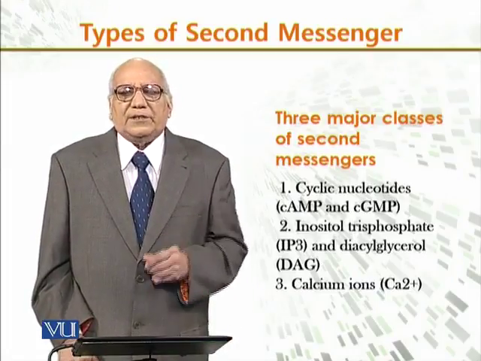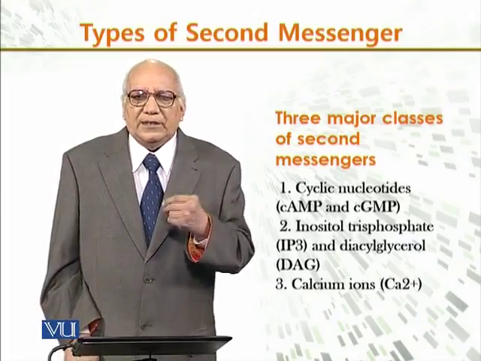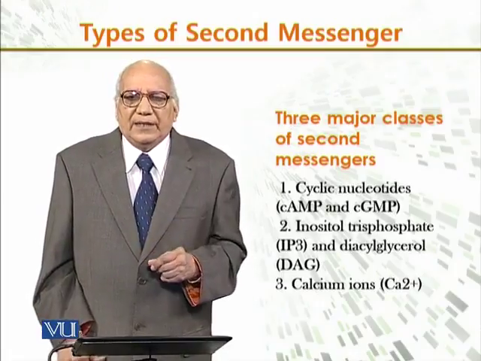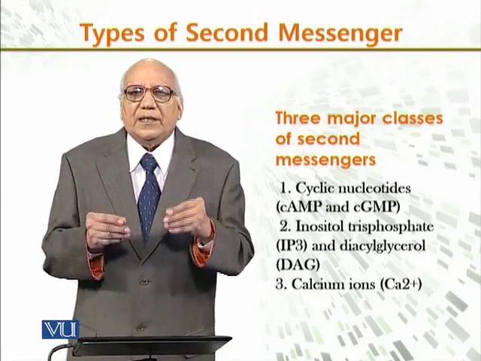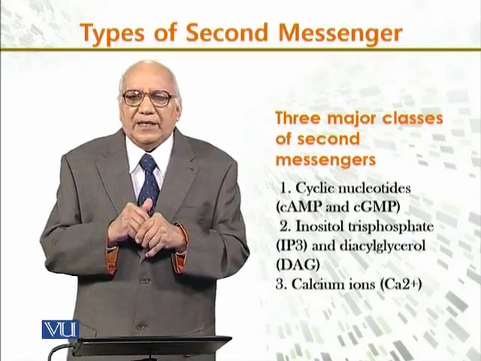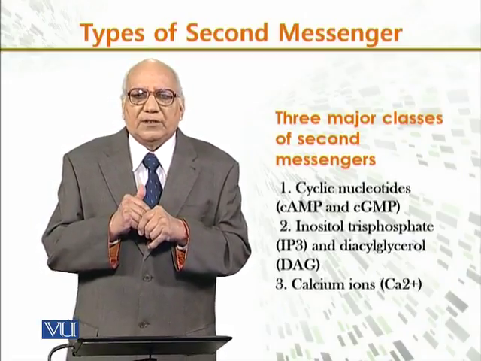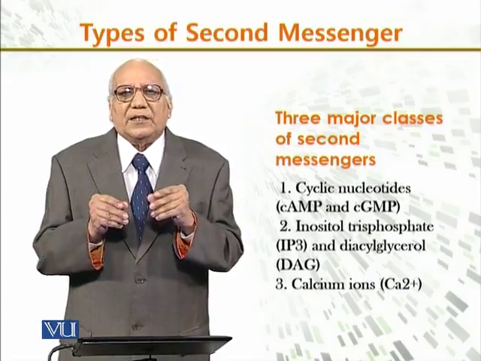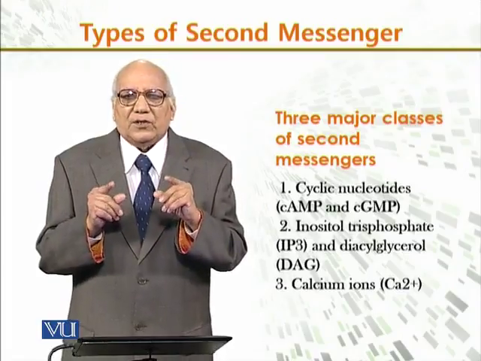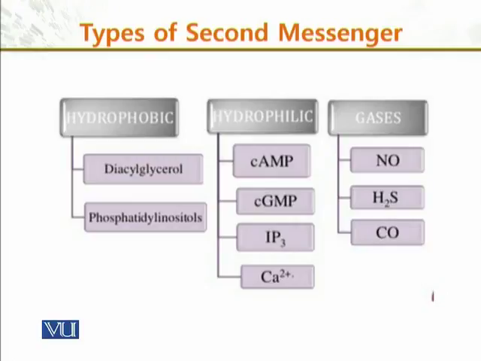Now, the three major classes of second messengers are: first, the cyclic nucleotides, that is cyclic AMP and cyclic GMP; then inositol triphosphate, IP3, and diacylglycerol, DAG; and the third one is calcium ions. They make up the important classes of second messengers for the cell.